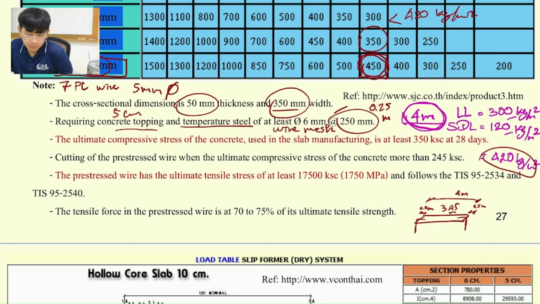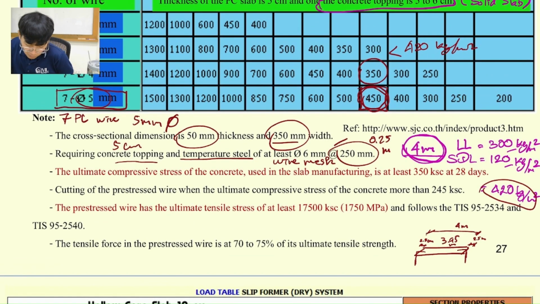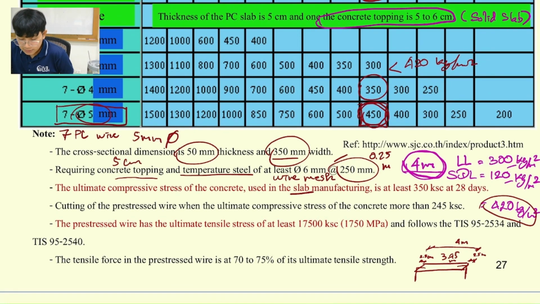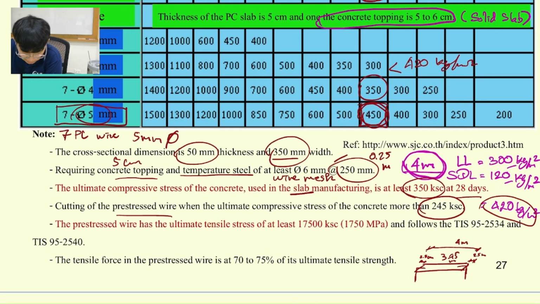And the concrete used to make the slab is supposed to have a compressive strength of at least 350 at 28 days. When you cut the pre-stressed wire, your concrete is supposed to have a target strength of at least 245 KSC, and the pre-stressed wires are supposed to have an ultimate tensile stress of not less than 1750 megapascals, and the material is supposed to follow TIS 95.